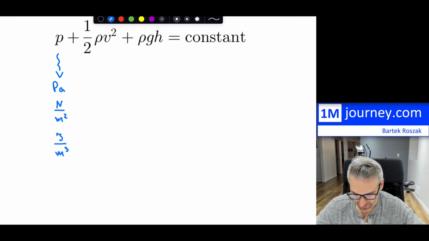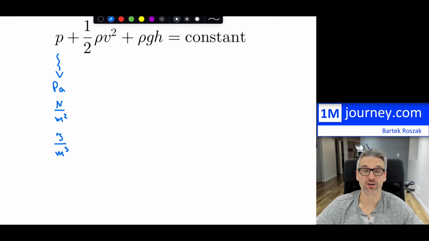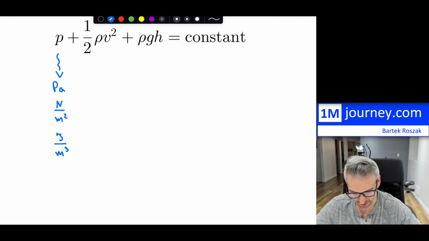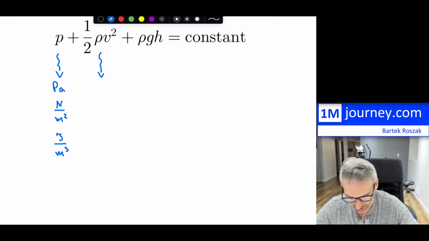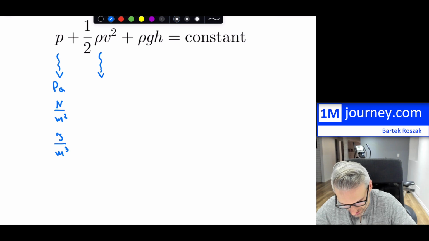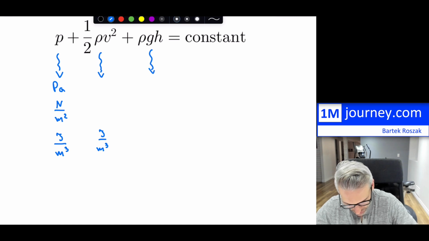I talk about that in the video I pointed out. If you take the units of the other terms, you come to exactly the same unit of joules per meter cubed.